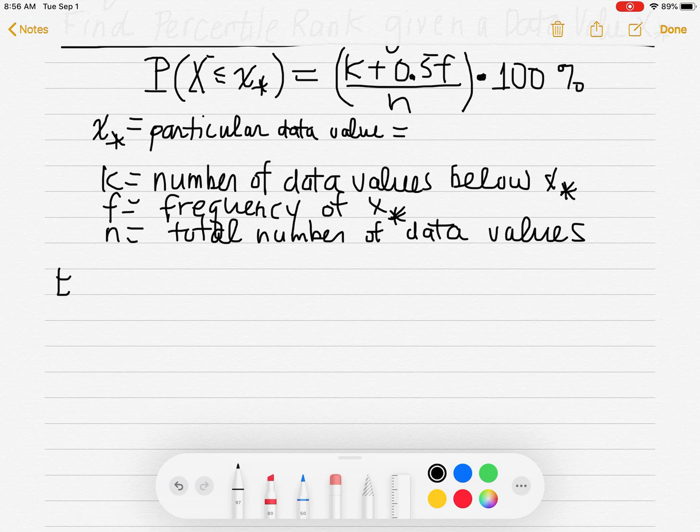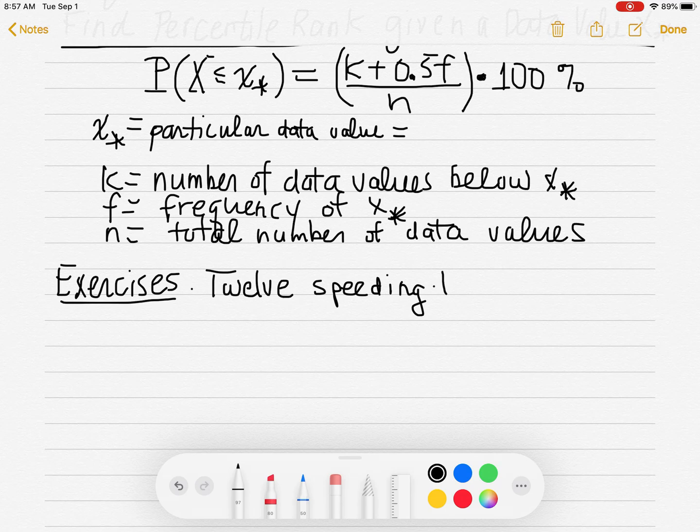Under these circumstances, we're going to be given a data value and we want to find the percentile rank. So, exercise. We've got a question about speeding tickets. There are 12 speeding tickets issued on I-75, the Interstate 75 that passes through East Tennessee here, passing through Chattanooga.